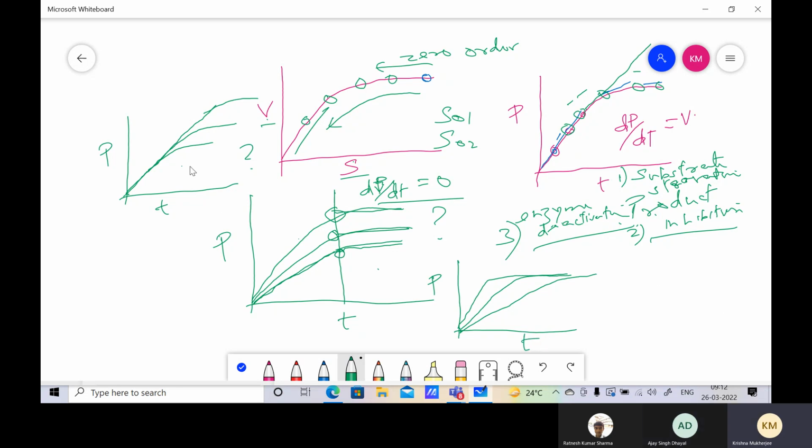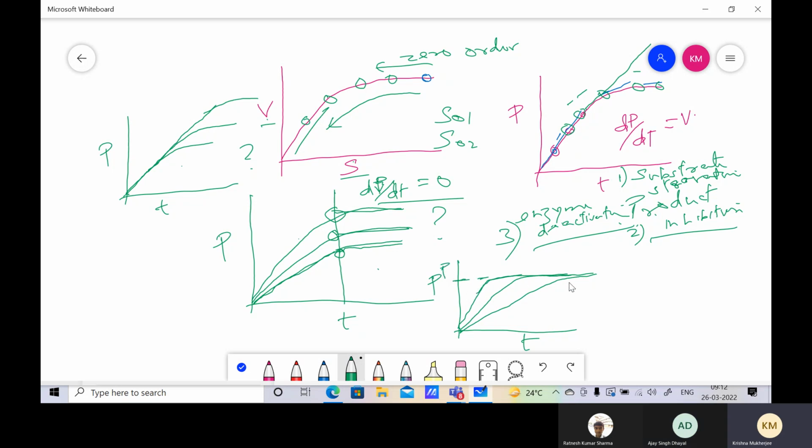Now notice these are different graphs and all of them have different kinds of profiles, and you can see that they are tending to 0 at a certain P value.